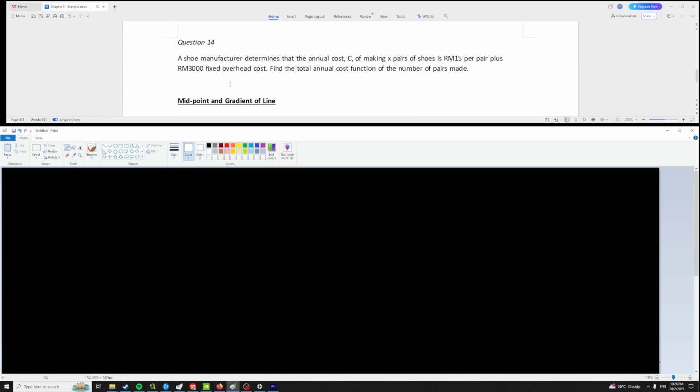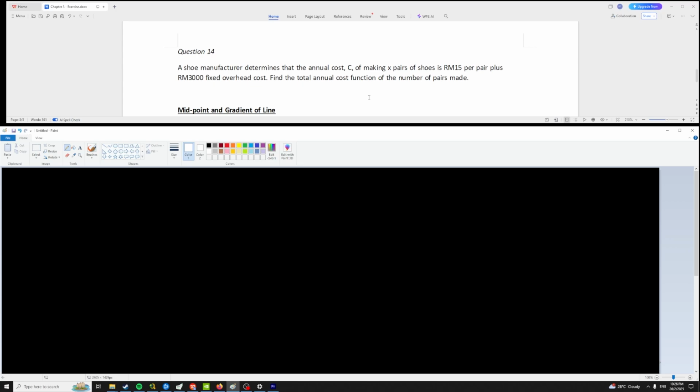Question 14. Determine the annual cost C of making X pairs of shoes. Find the total annual cost function for the number of pairs made. This one is similar to the previous one. Your total cost equals your fixed cost plus your variable cost.